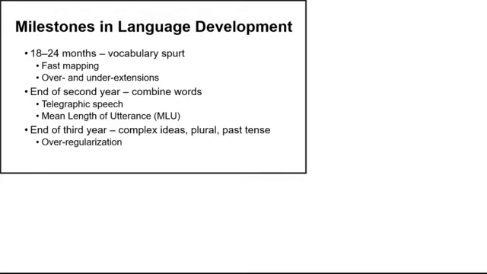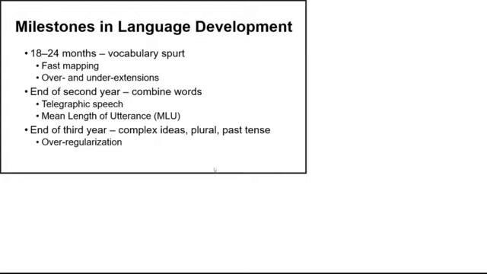But as they get more complex, as they understand more complex concepts, and as they get towards more grammatically correct phrases, their utterances would get longer. So we'd start seeing, as they get older, that average length of utterance just gets longer because they know more and they can speak for longer periods.